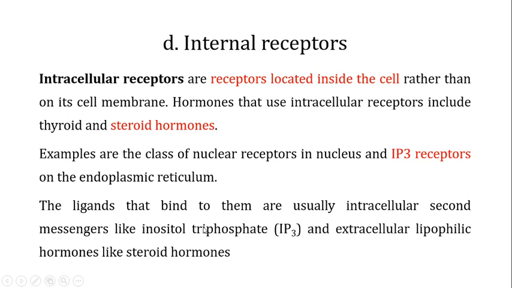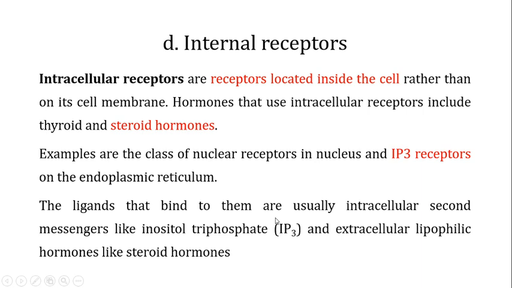The ligands that bind to these intracellular receptors are usually intracellular second messengers, like inositol triphosphate, or extracellular lipophilic hormones like the steroid hormones. This means that steroid hormones present outside the cell will cross the cell membrane, enter the cell, and interact with their particular receptors.